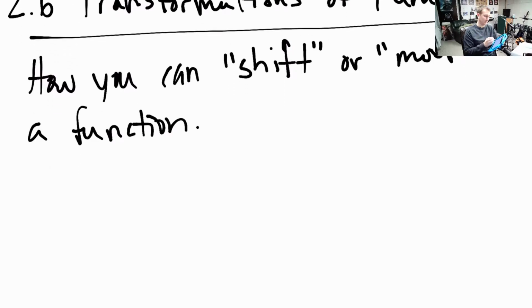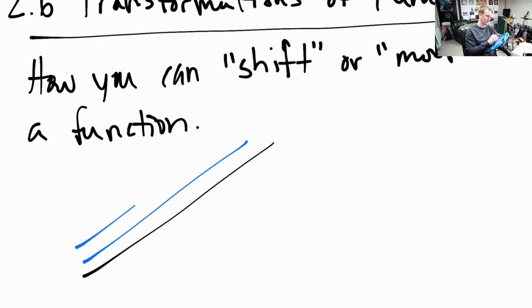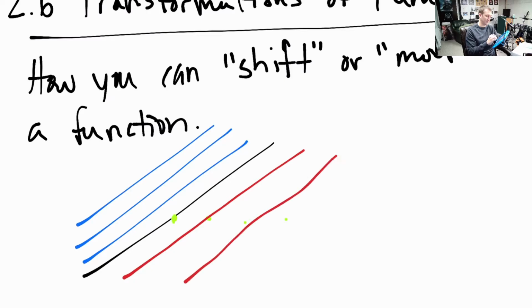So we can think of some of our common ones, right? We can think of a line. Well, how do you move it up? Or how do you move it to the right? So I take this point and I move it over here, and then I move it here, and then I move it here. And it's going to look identical to shifting up, which for a line is not a surprise. But what about for a parabola?